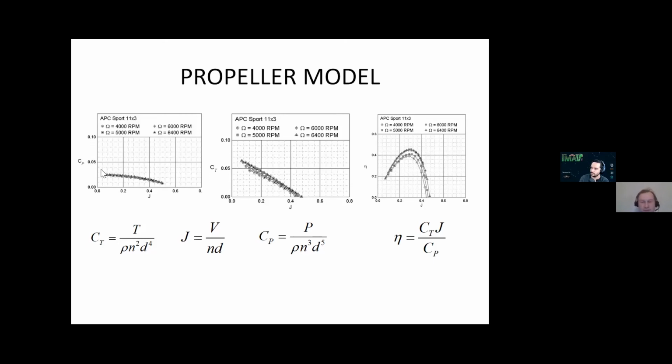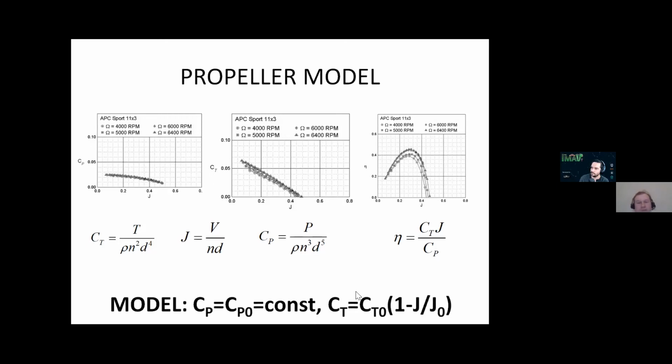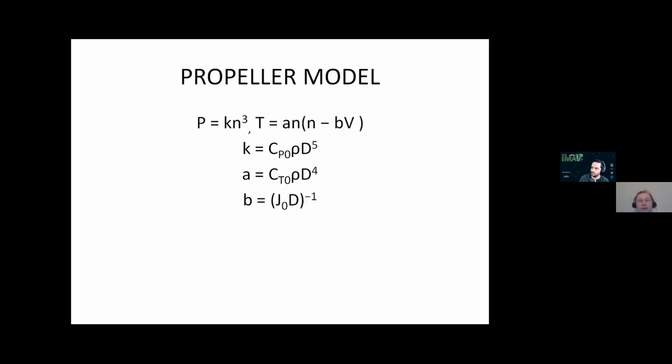So the proposed propeller model looks like this: CP is constant and CT is a linear function, where J sub 0 is the point where CT is equal to 0. For thrust T and power P, we have such formulas and coefficients that can be used in analytical investigation.